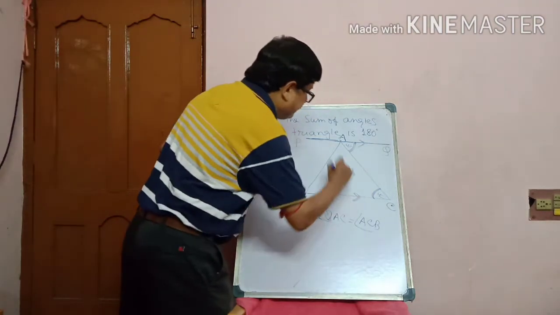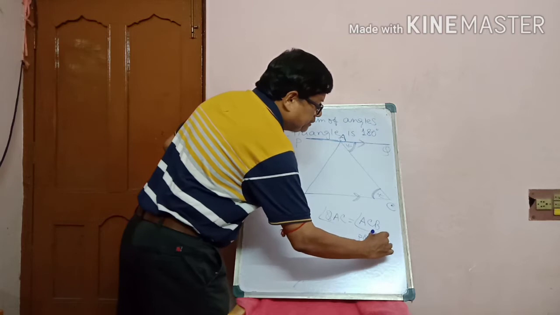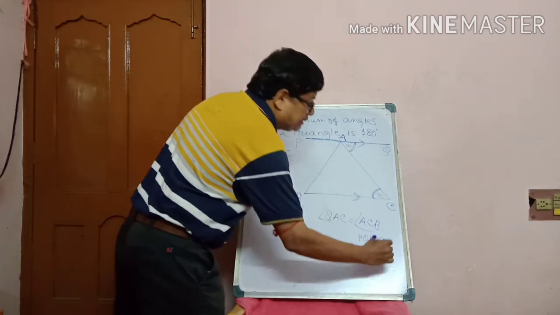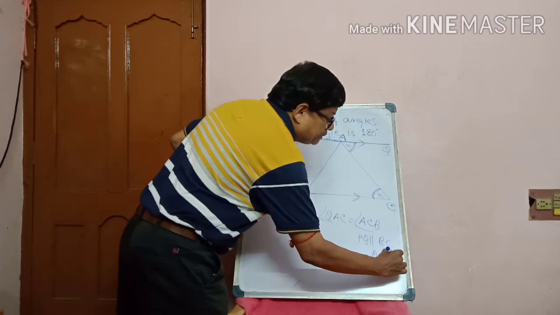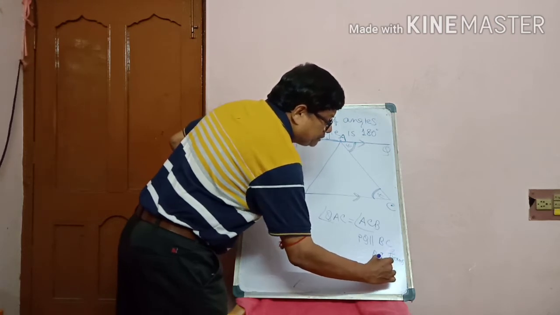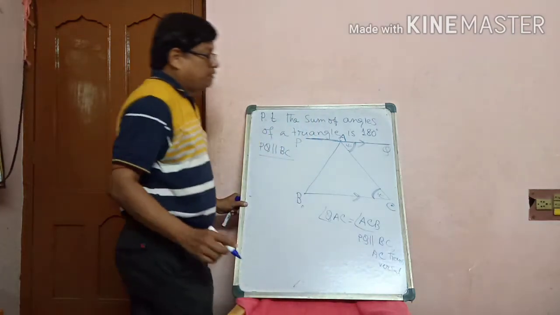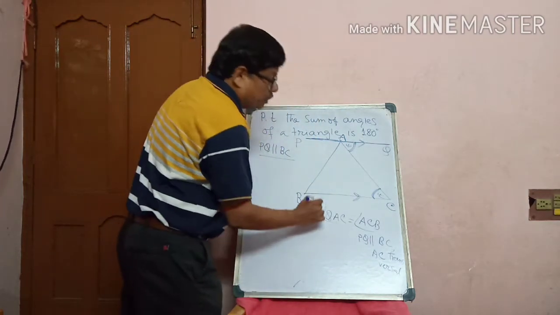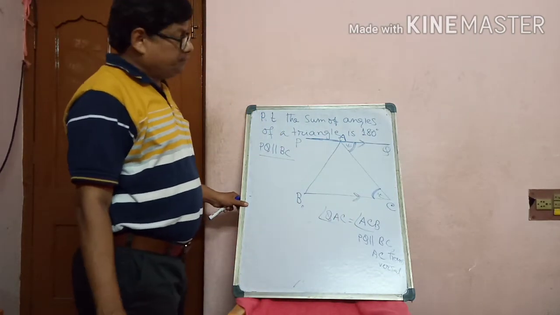Here PQ parallel BC and AC is the transversal. Therefore these two angles are equal, alternate angles.